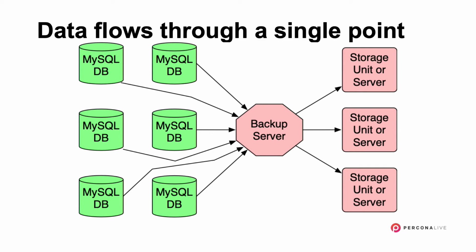And you can add more storage servers, but you have a central coordinator that all data flows through. Practically, this can be the endpoint of the netcat where you pipe through xtrabackup or something like that. There are implementations like that, and we chose not to do it.